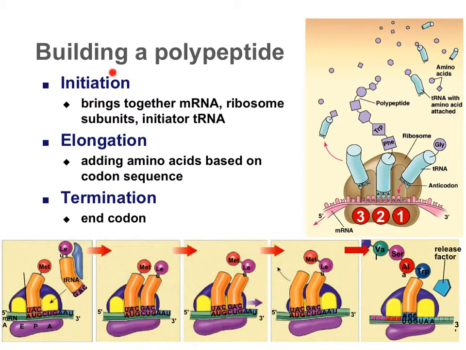The initiation is going to be the start of the process. Elongation, much like transcription, is going to be adding amino acids in the specific sequence, depending on the codons. And then the termination, when this whole process is signaled to stop.